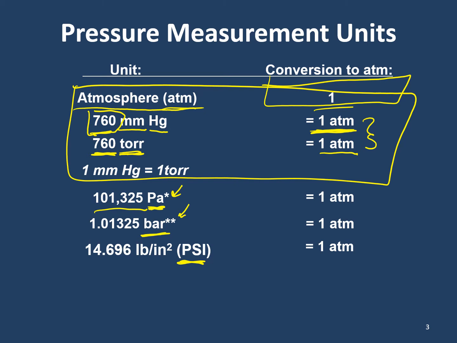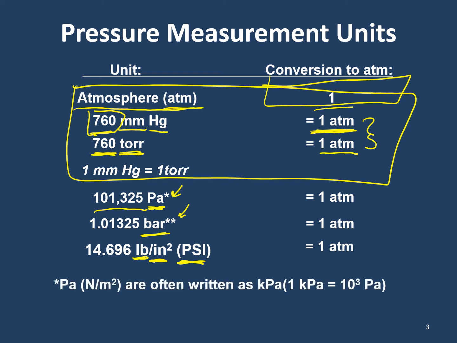PSI, if you didn't know, stands for pounds per square inch, and it more than anything depicts what pressure is actually a measure of. It's the measure of force per surface area. So square inches is an area, pounds is a force, so pounds per square inch is a measure of force per surface area. All of these units are a measure of force per surface area, just in different ways. Different units of force, different units of surface area.